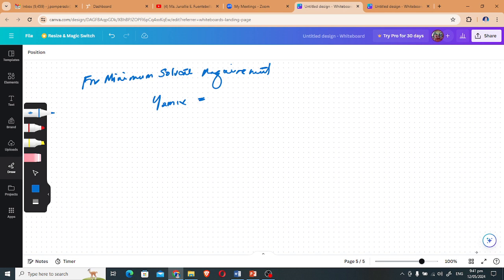So Y2 max, this refers to the concentration of the gas leaving our tower, because our solvent this time is gas, so that is why it's Y2 max.